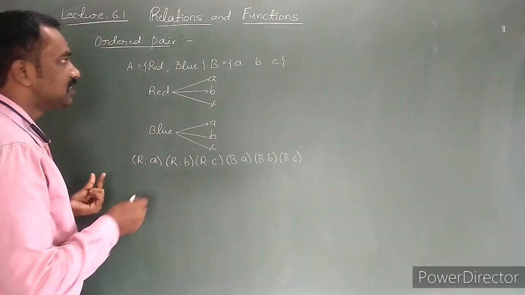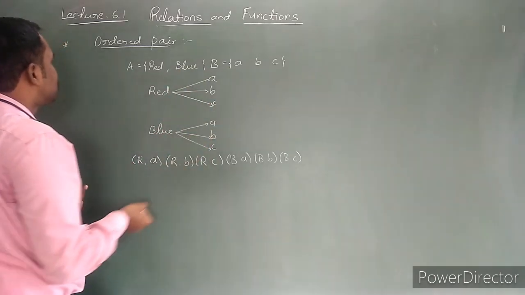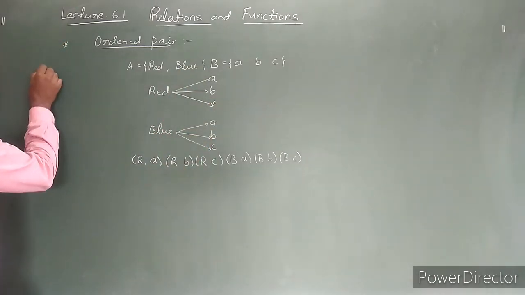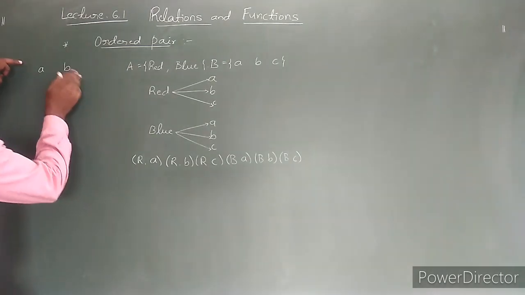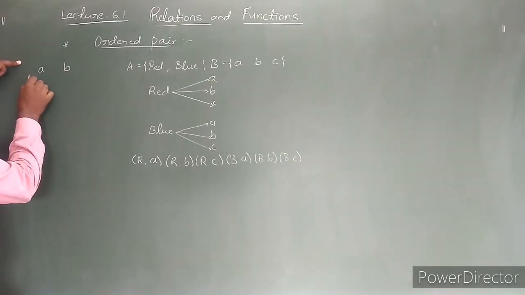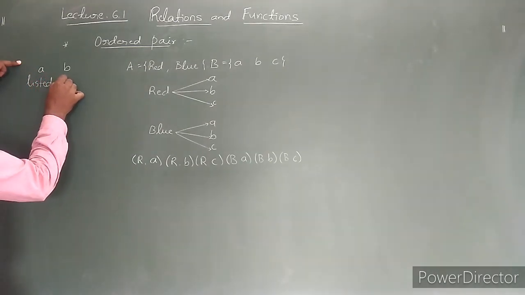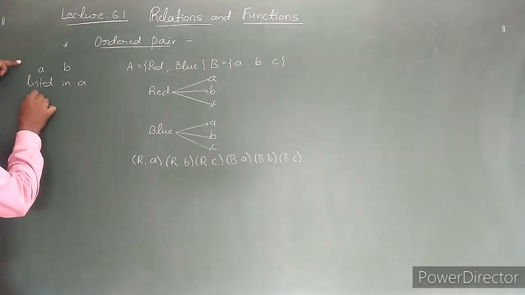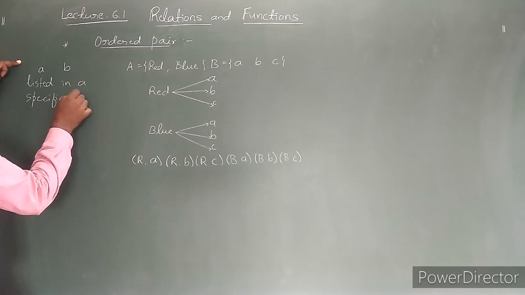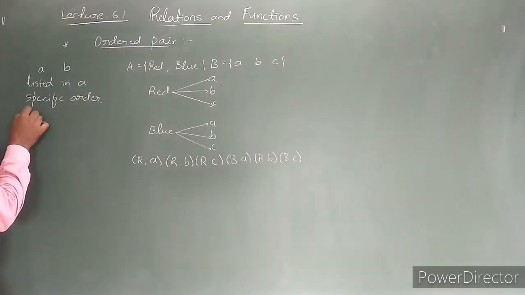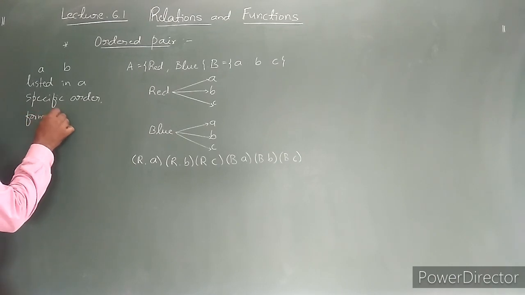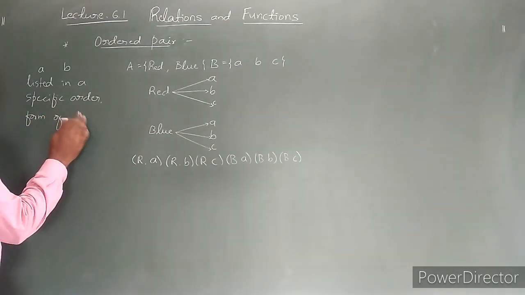Now I just go to the general definition. What is the general definition of the ordered pair? An ordered pair is nothing but A and B, two objects, listed in a specific order and written in the form of open brackets.